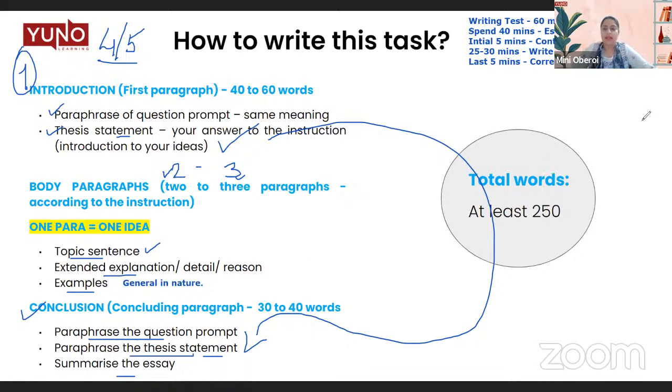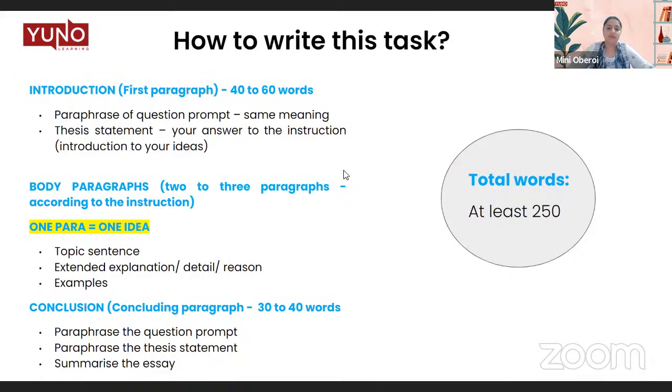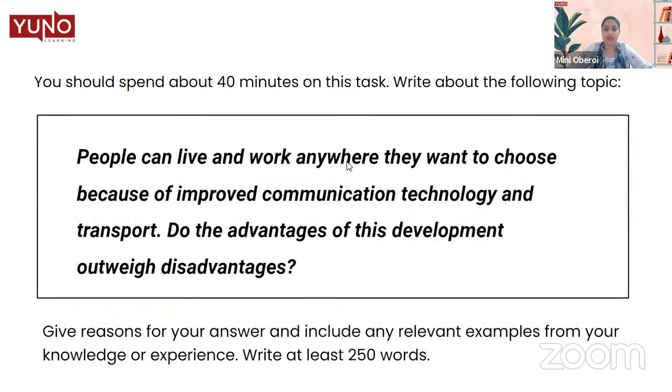So now let's move on and have a look at a question topic. Now, the question topic says, people can live and work anywhere they want to choose because of improved communication technology and transport.